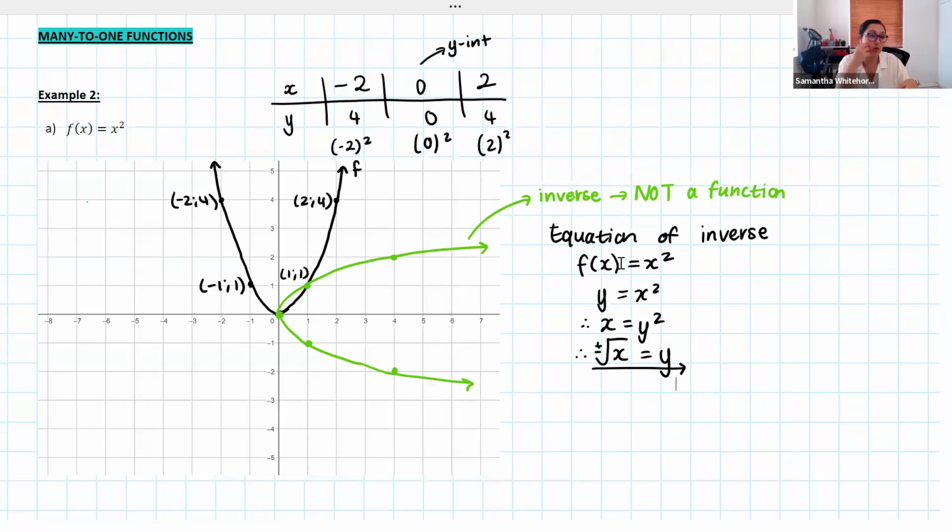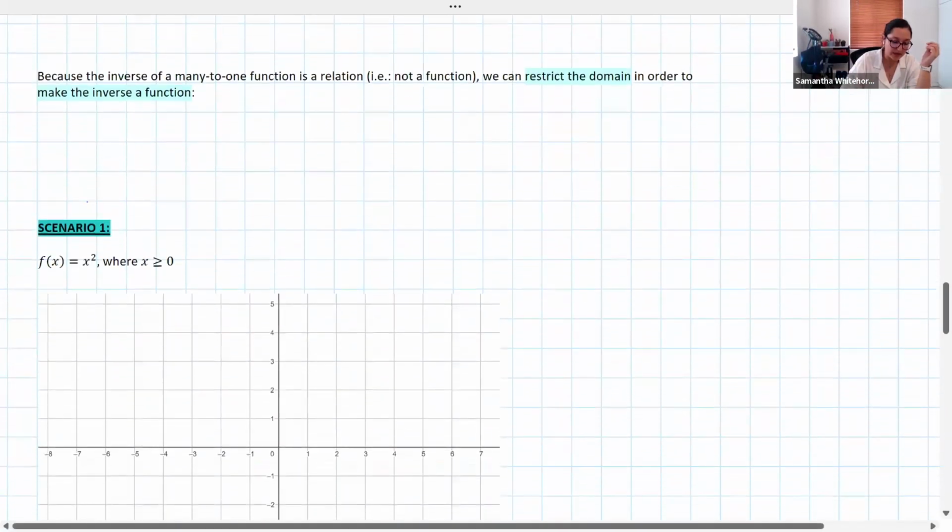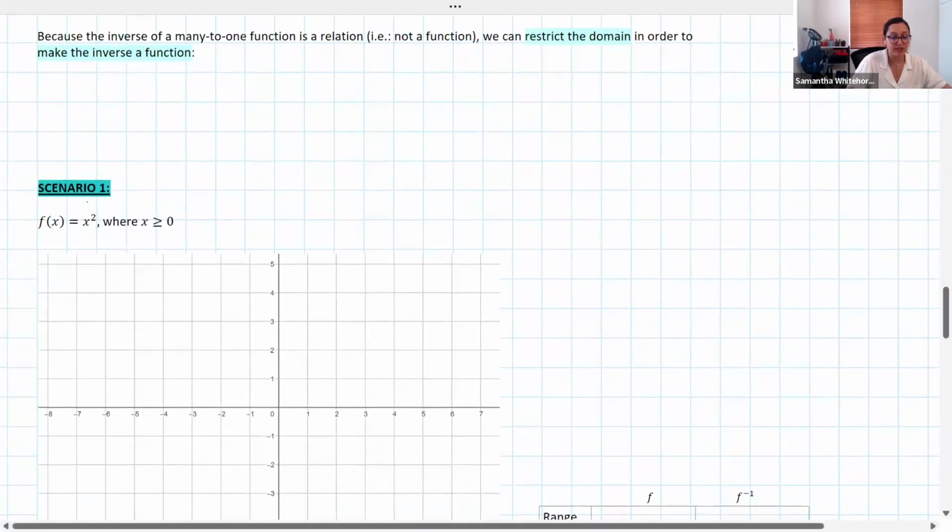We focus on quadratic functions in this context, this many-to-one. And what we need to bear in mind is we can make the inverse a function. In order for us to make the inverse a function, we have to do something with the original. Basically, what we end up doing is restricting the domain.